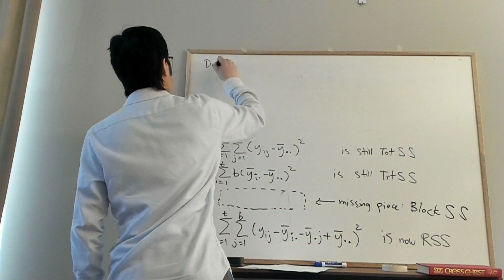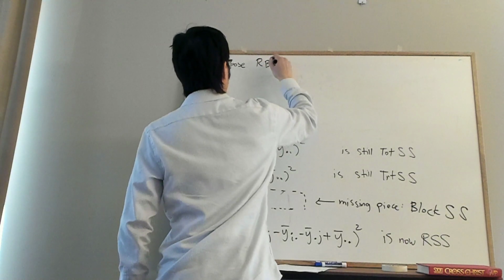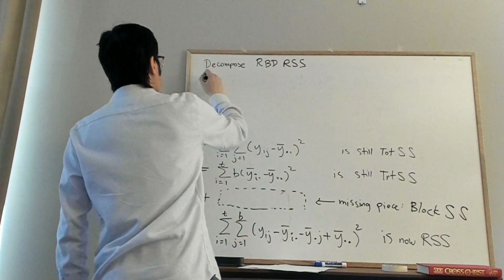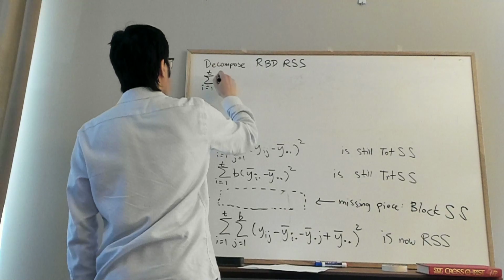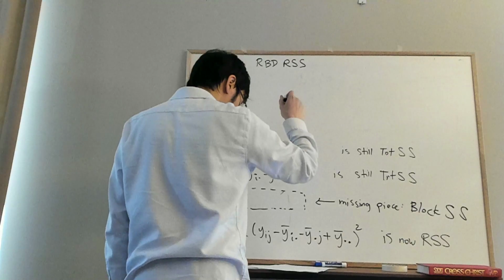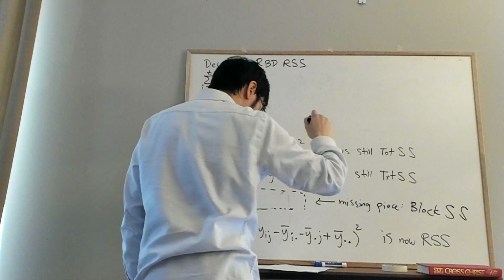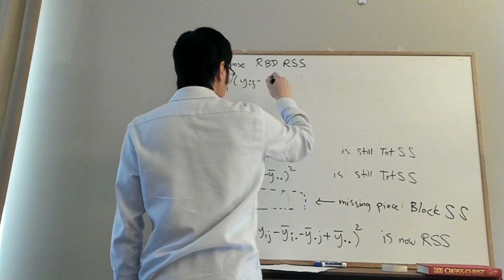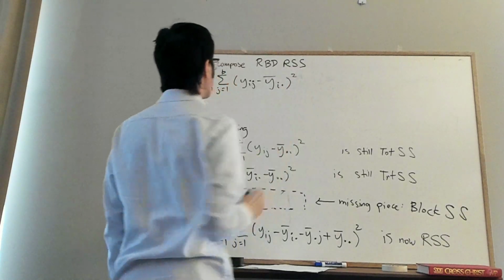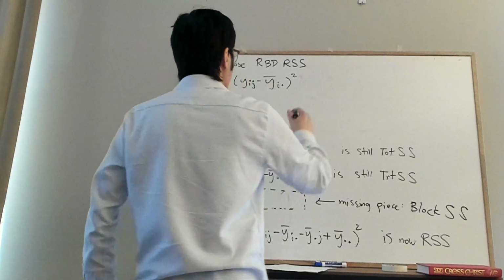So we decompose the RBD residual sum of squares. Okay, so it's right over here. Okay, so that was the RSS from randomized block design. Okay, so we're going to decompose it.